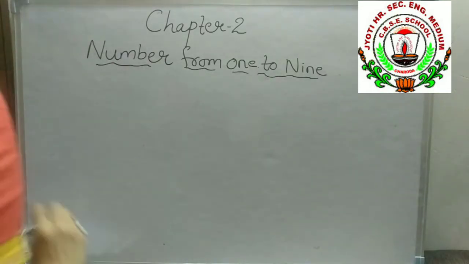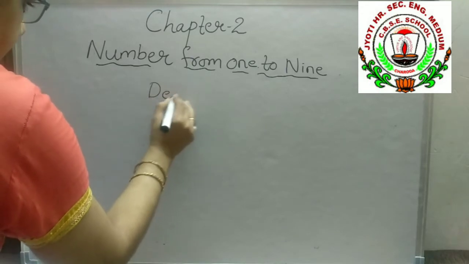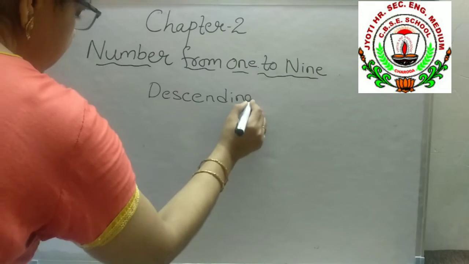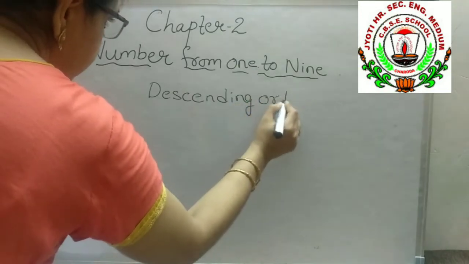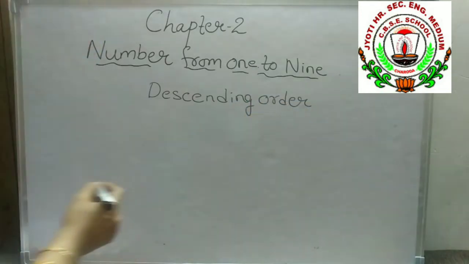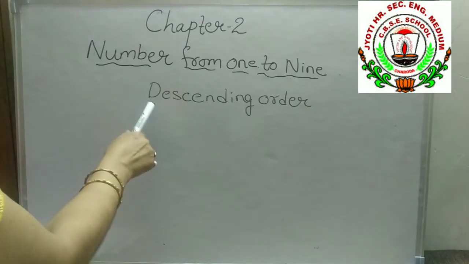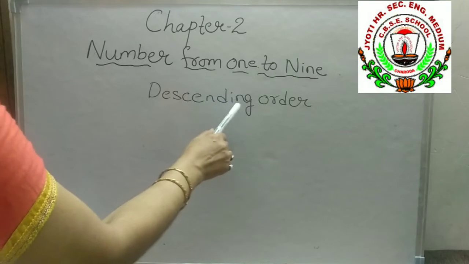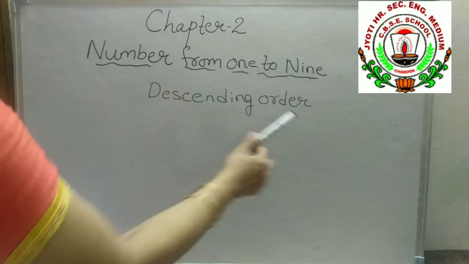Descending order. DESCENDING, descending. ORDER, order. How will you spell descending order, students? DESCENDING, descending order.